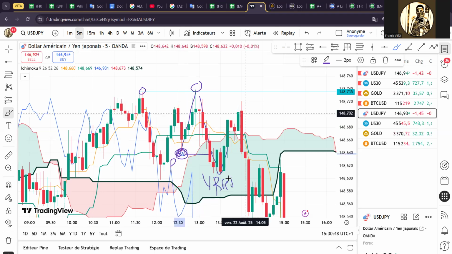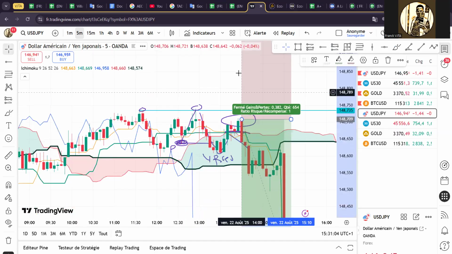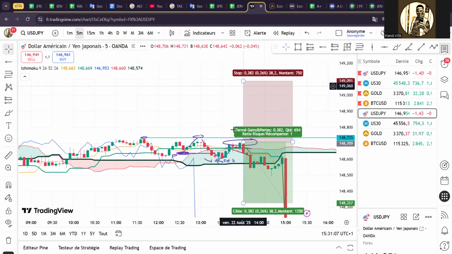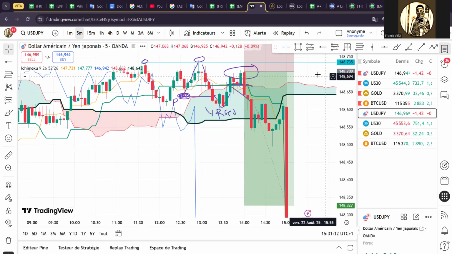So when I see a V breaker like this, and then I see again a volume, a TK cross crossing to the downside, I'm very happy. Then I can sell this 5 minute TK cross to the downside with confidence.